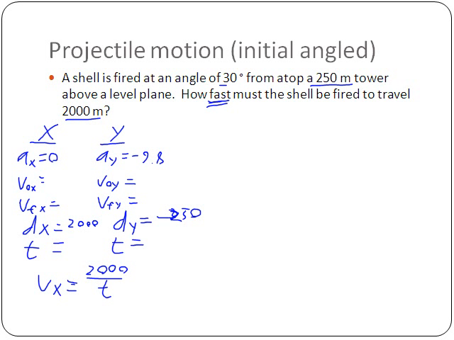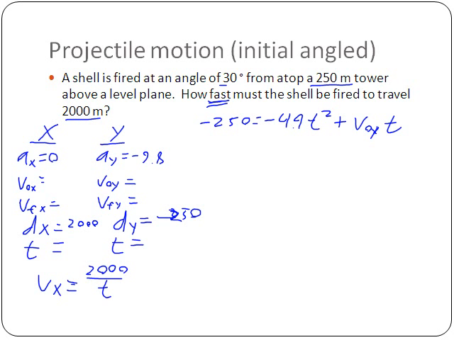For Y, we also know that the distance it travels, which is negative 250, is equal to 1/2 acceleration, so negative 4.9, times t squared plus v naught y, which we don't know, times t, which we also don't know.